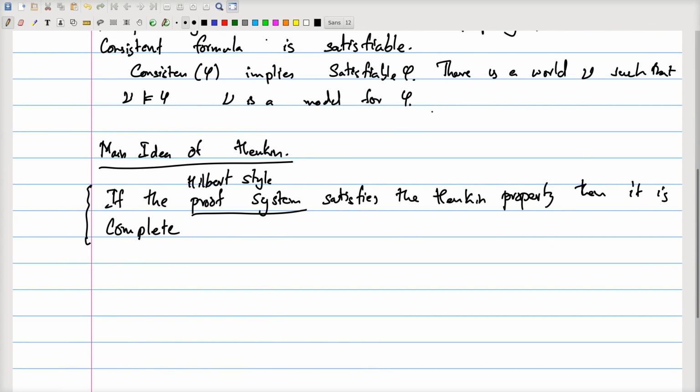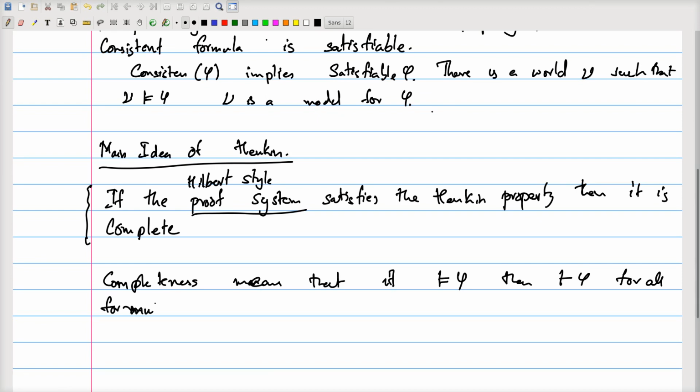Okay, so let's think about it like this. What do we want to show? Completeness means that if phi is valid, then phi is provable, for all formula. Let's express its contrapositive, which is equivalent.